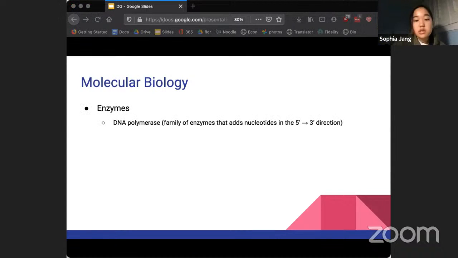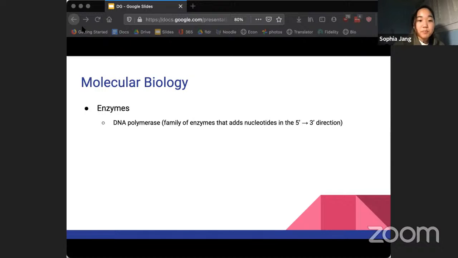In Designer Genes, in order to understand the biotechnologies that Stephanie mentioned, and to understand how you go from your genotype to your phenotype, the physical traits that are presented, you're going to want to understand enzymes.